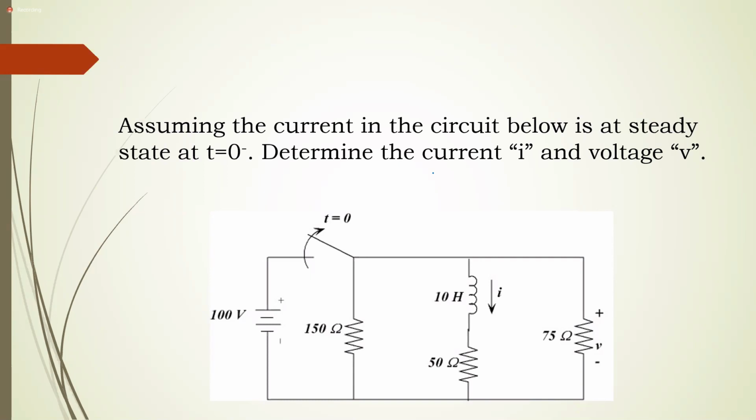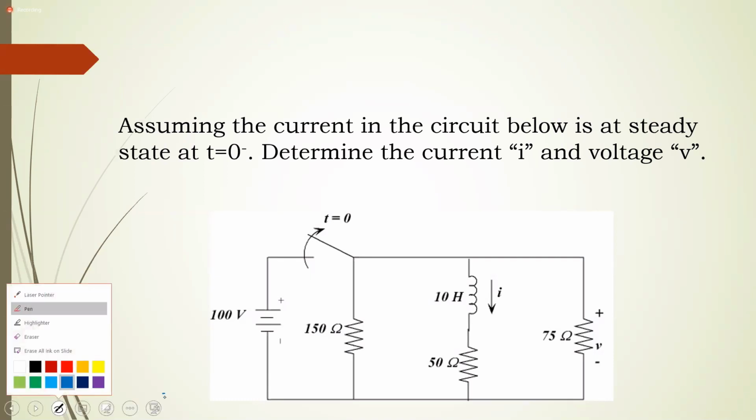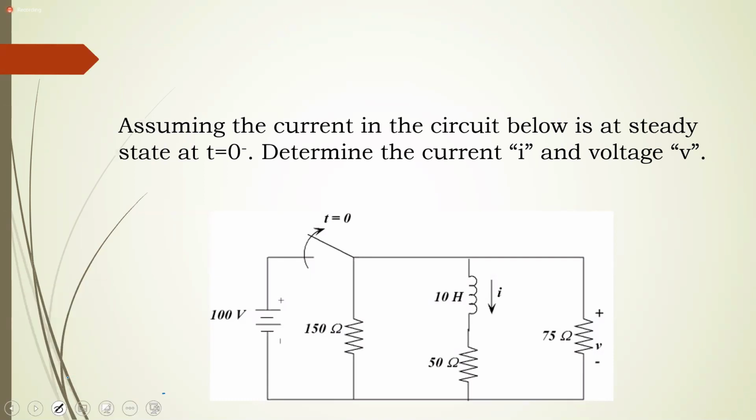Steady state current. When I open the switch, that current would represent what? I0 minus. It would represent the initial current. That's what I'm looking for. So the current at steady state would give you your I0. All right, carry on. So now I open the switch, and what happens?